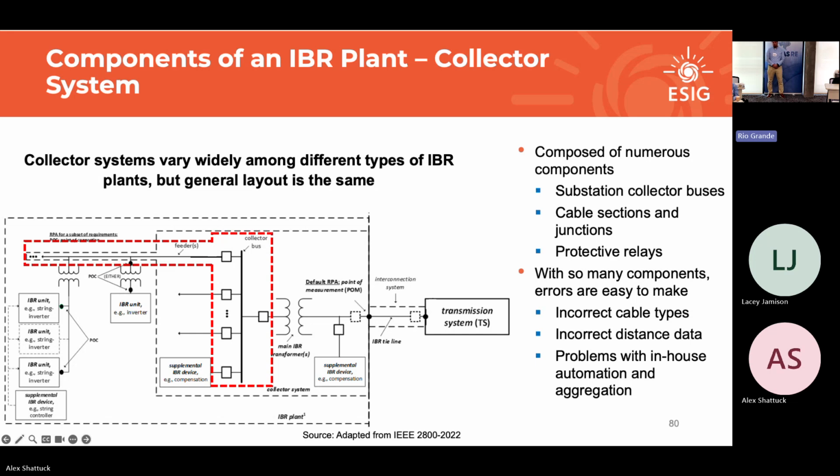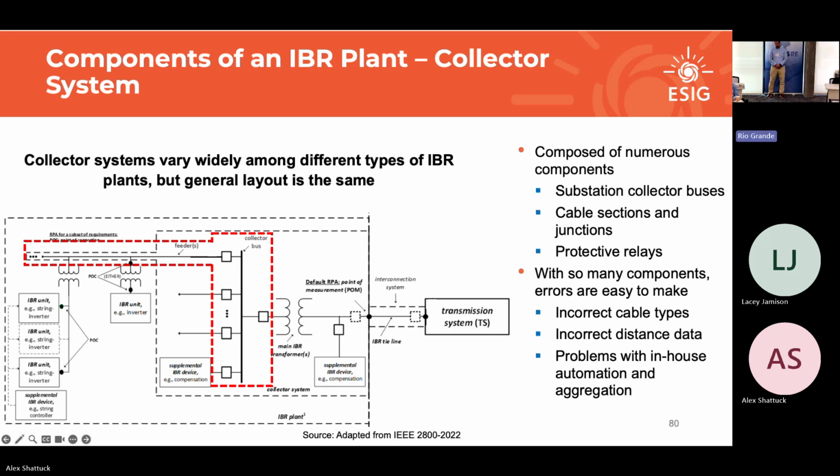Another place where you get insidious errors is with the automation scripts, because you can very easily make a couple of mistakes in the collector system and the script will run just fine. The impedance is okay, in the range of acceptance, but it's still wrong. So it's hard: a lot of opportunity for error, a lot of manual work, and the problems might not be clear when they come out.